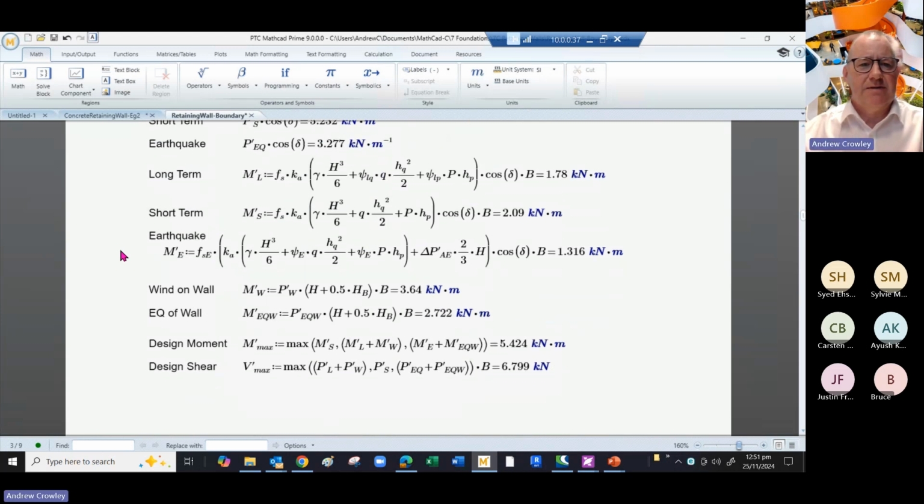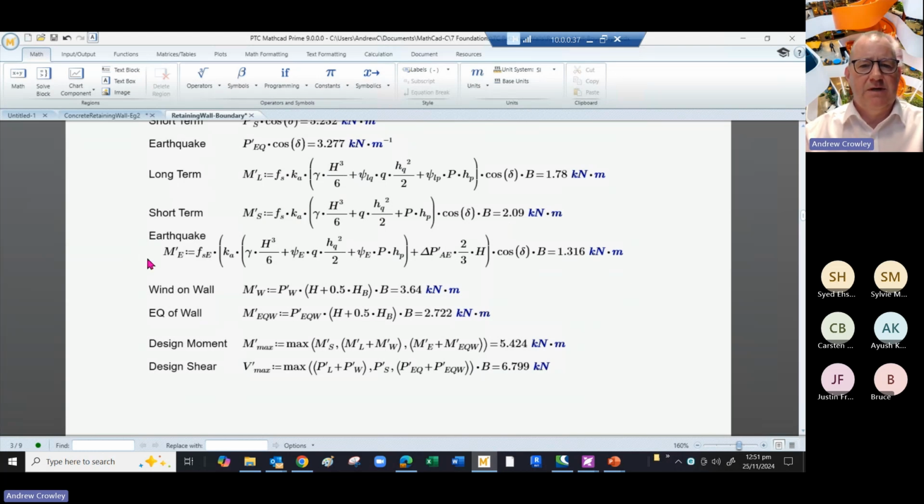So from that, we get our bending. So our moments, looking at long term, you just take those forces that you've worked out above, some due to the soil, some due to the surcharge, and multiply it by the lever arm required, and you get 1.78 kilonewton meters of moment. Looking at the short term, you've got slightly different parameters, and that works out as 2.